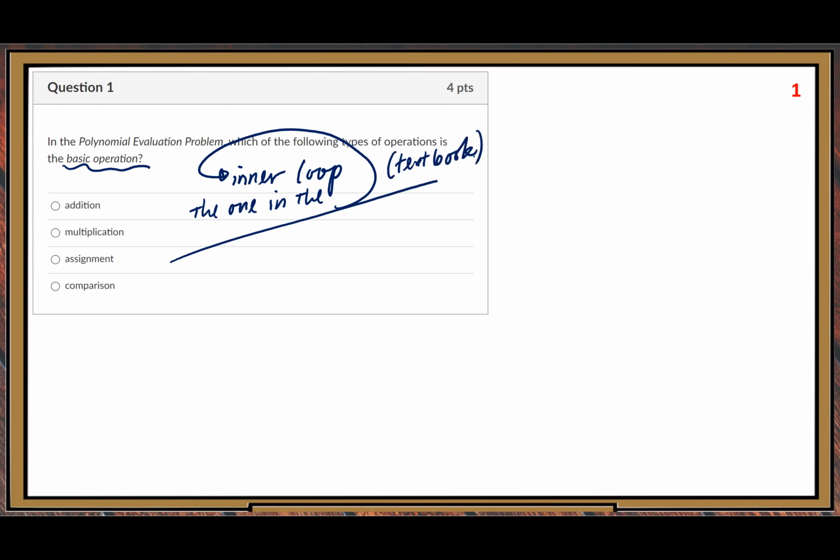Just imagine a typical situation: usually you have nested for loops, an outer for, then an inner for.